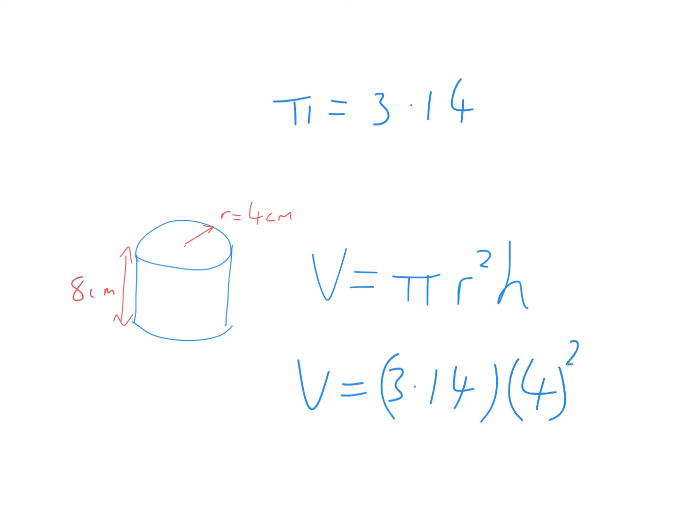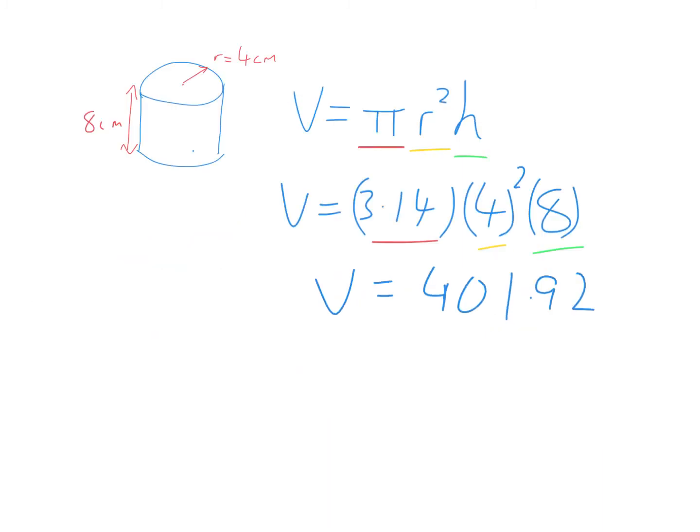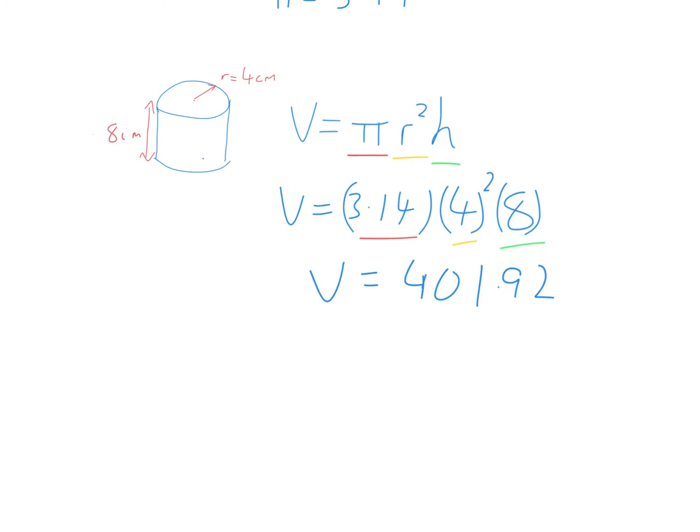Remember to square it, and then we're going to multiply that by the height. So pi is 3.14, radius is 4, and the height is 8. Now you can just let your calculator multiply all of those. So when you put that into your calculator, in this case you get 401.92.